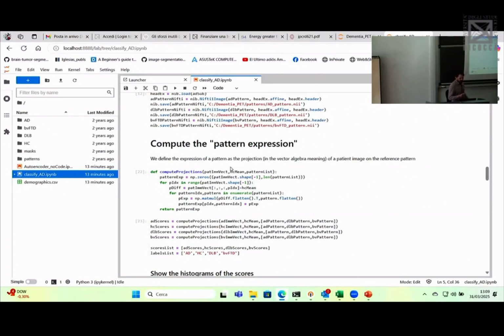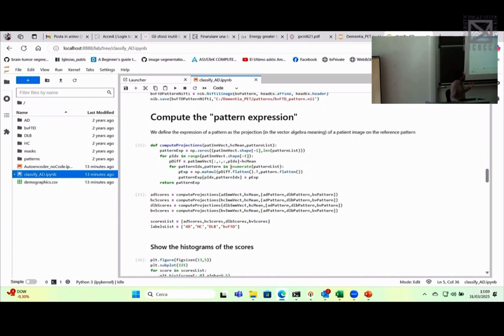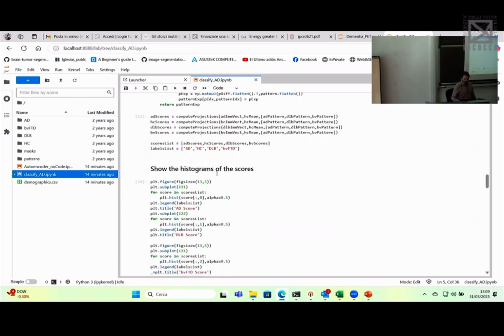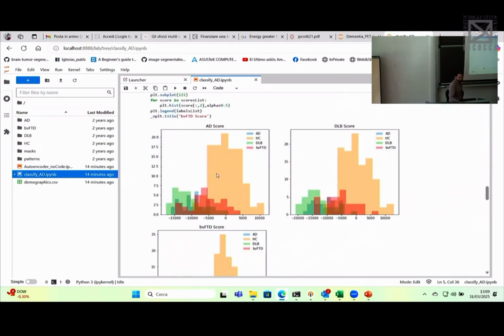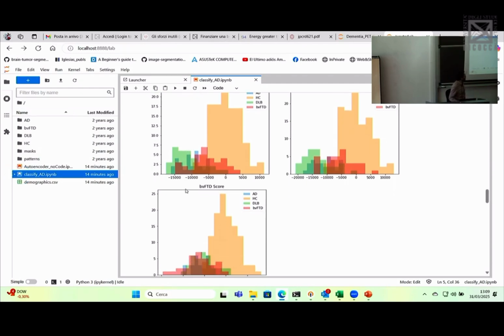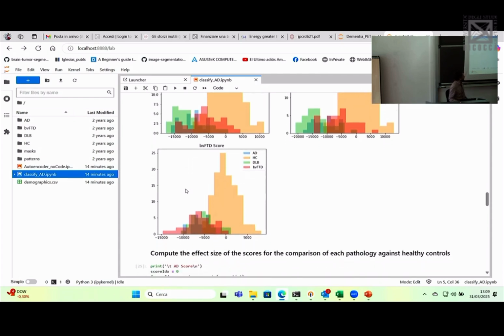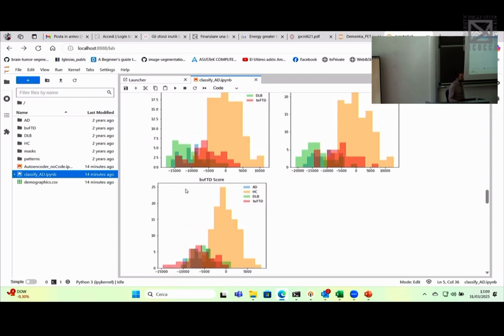So what we did was to project, in the algebra sense, matrix multiplication, every image times the reference pattern, and if you plot it, of course here the intensity is different given the number of patients, but you can see that the projection of these patterns gives you some separated variables.